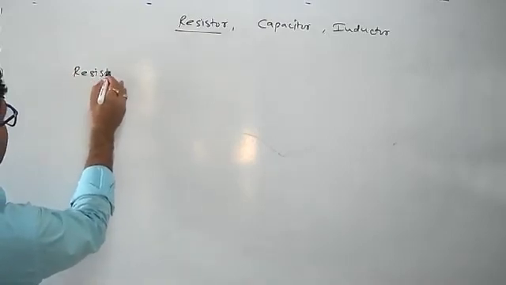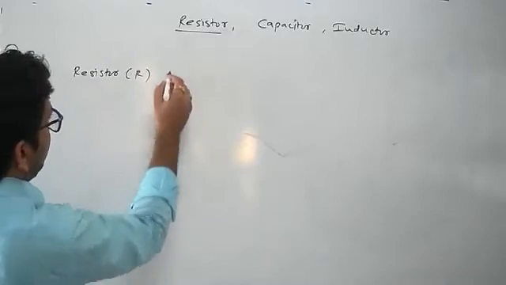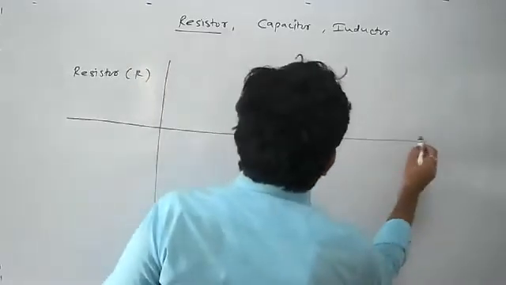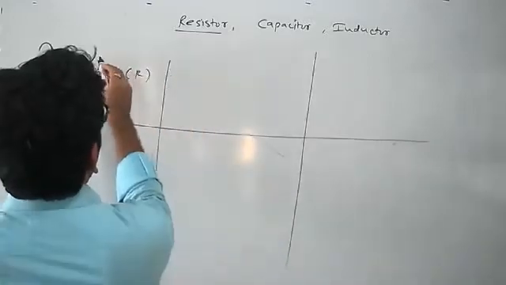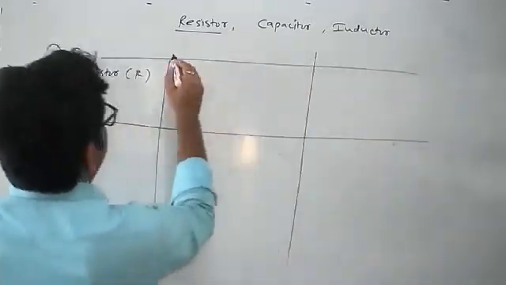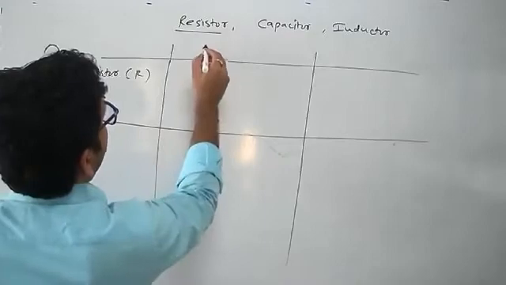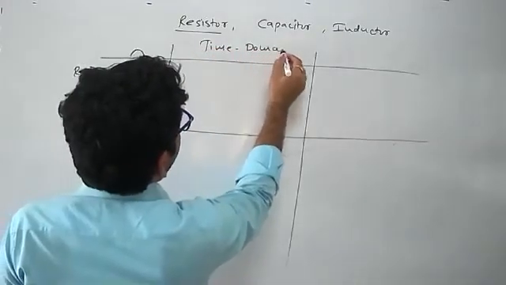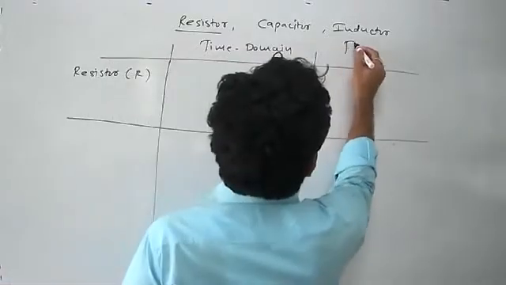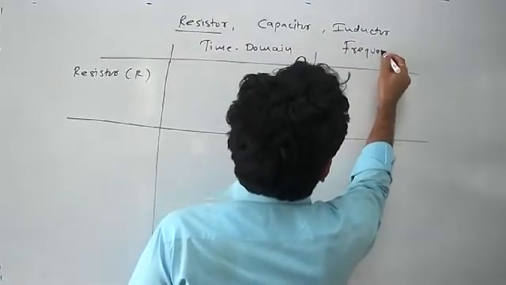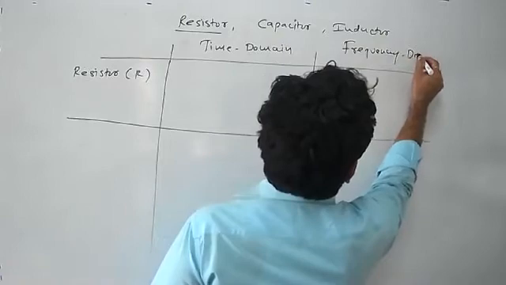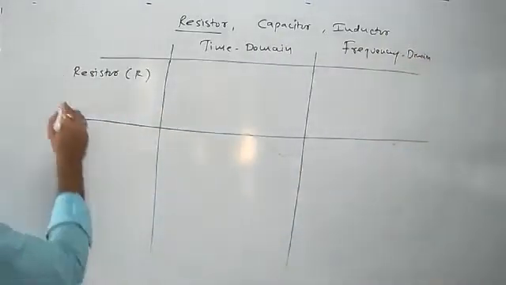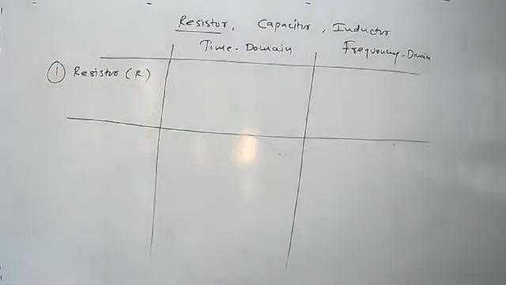If you take resistor indicated by symbol capital R, then let me draw this table. First of all, I am going to take the time domain concept, and here we are going to take the frequency domain concept. So the first element is resistor.